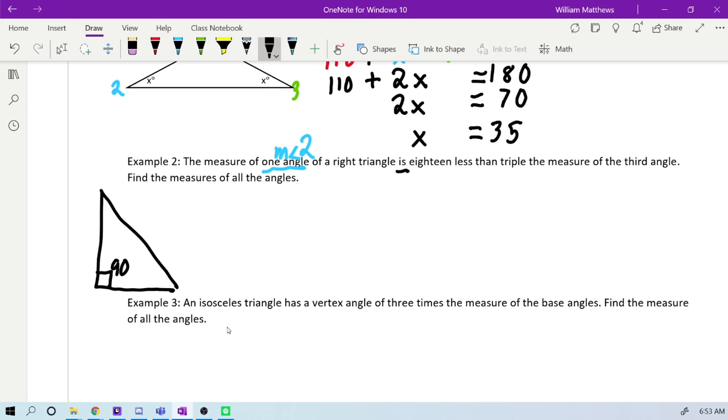our word is setting up the equation. 18 less than means I'm going to be subtracting 18 from a value, and that value is triple the measure of the third angle. So this lets me know that I'm subtracting 18. This lets me know that I'm going to have 3 times my third angle.